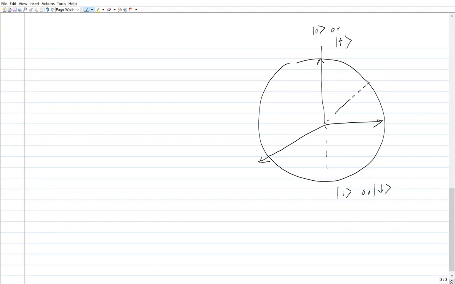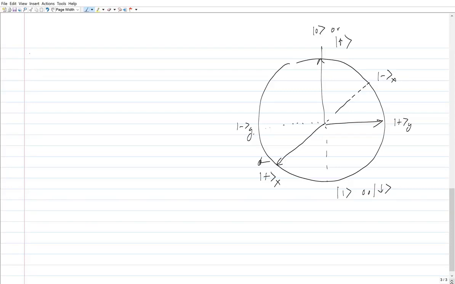I had plus x, minus x, plus y, minus y. This is how my Bloch sphere looks like.